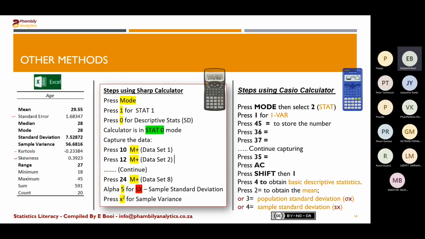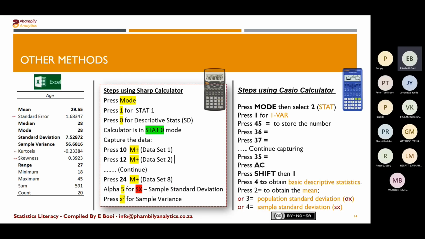You can also use a Casio or a Sharp calculator, or your scientific calculator, your financial Sharp calculator. You can use your HP calculator. You just need to know how to use it, and the steps are there. I might have missed 1 or 2 steps, but these are more or less the steps that you will have to follow in order to answer the same questions if you get them in the exam.